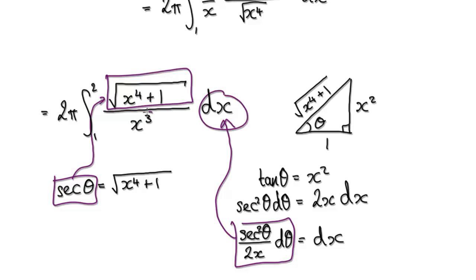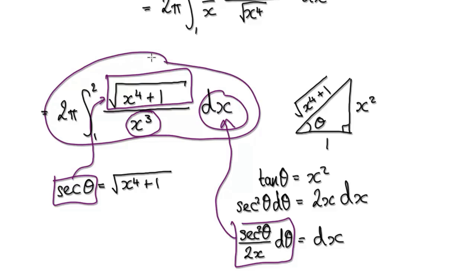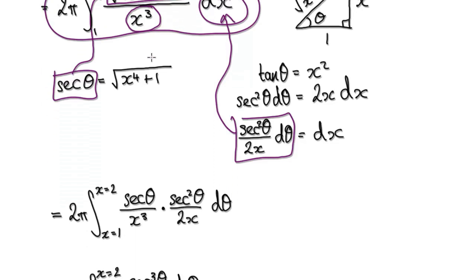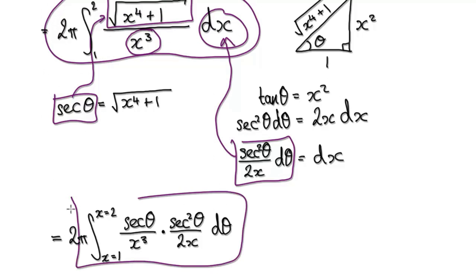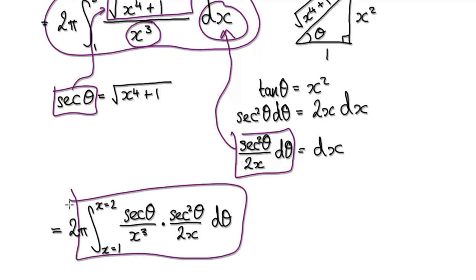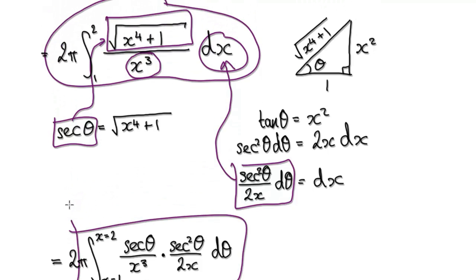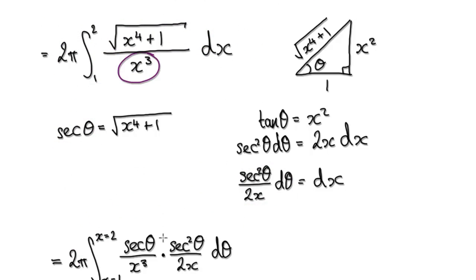Leave the x to the power of 3 to later. So this whole thing here will then become this. Okay, so now notice that we are leaving x to the power of 3.